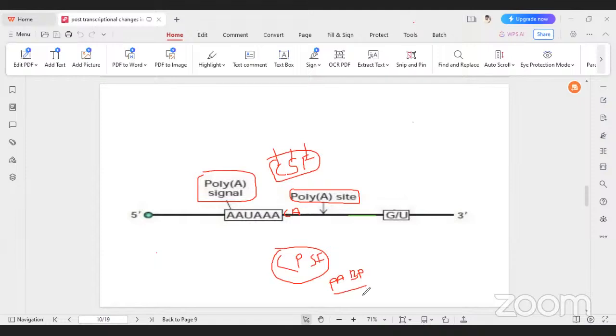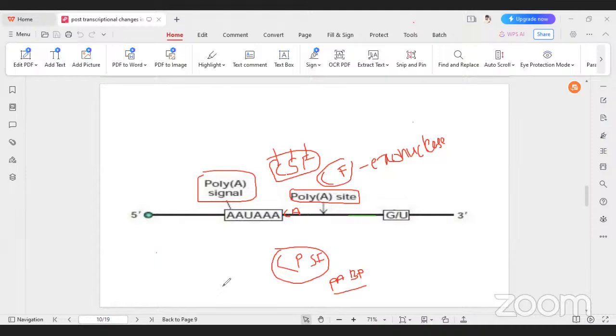Another one also important here is the CF, cleavage factor, which acts like an exonuclease. What is the function of exonuclease? Exonuclease function is cut. Right.